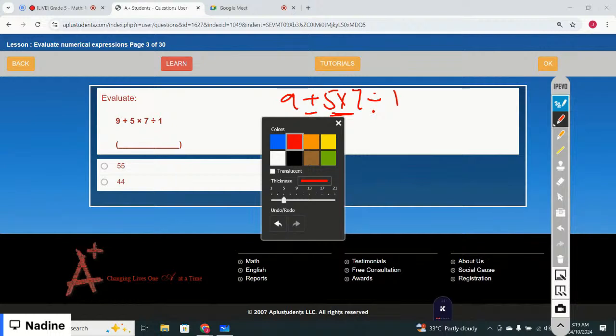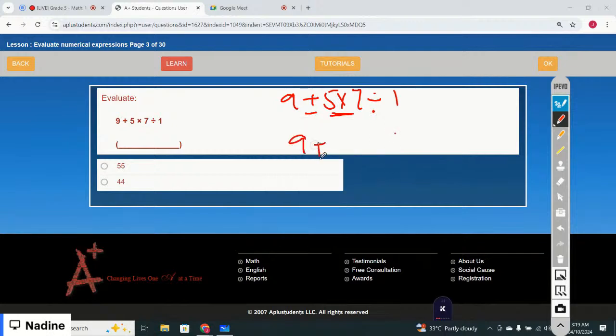So you have to perform multiplication first: 7 times 5 is 35. Now you have addition and division. You need to divide: 35 divided by 1 is 35. Then you add 35 plus 9.